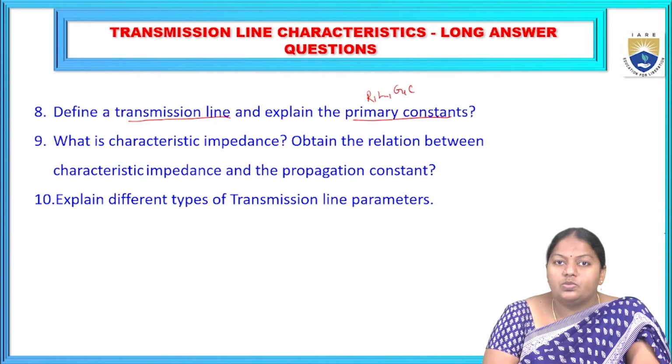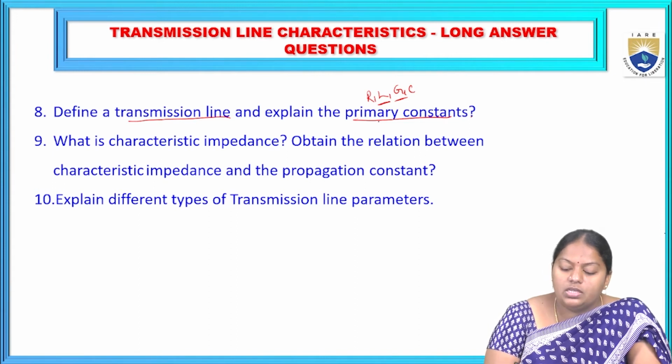Throughout the length of the transmission line, the resistance R is uniformly distributed. Inductance L needs to be uniformly distributed. Conductance G needs to be distributed, and C also needs to be distributed.